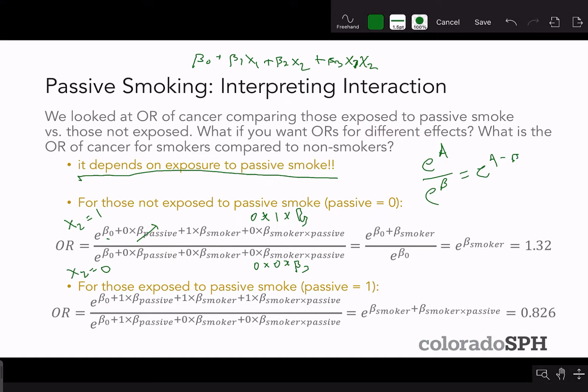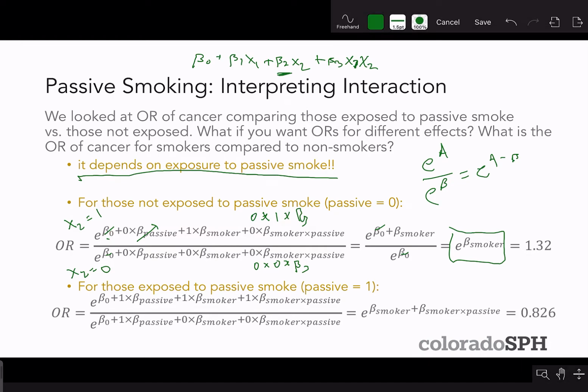Because of that property, any terms that are in both the numerator and the denominator cancel. So you're going to have the beta zeros cancel, and that's the only one that's in both. So what you're left with for the first odds ratio for those not exposed is just exponentiating the beta 2 term, the beta for smoker.